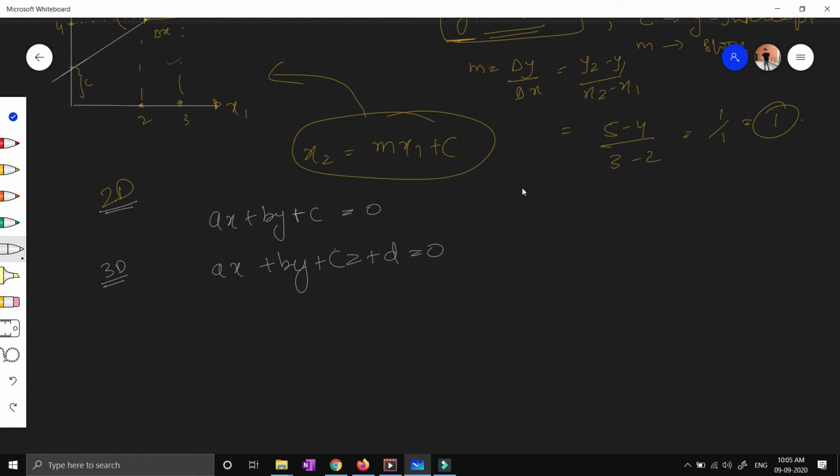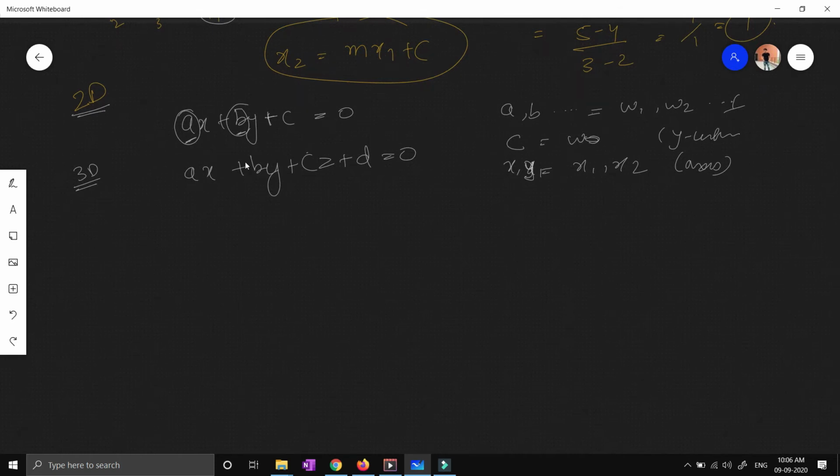Let's replace a or b, our slopes, with w1, w2 and so on, and replace our c, the intercept term, with w0, and our x and y axes with x1 and x2, like I have shown. These are my axes, this is my y intercept term, and these are my values a and b.